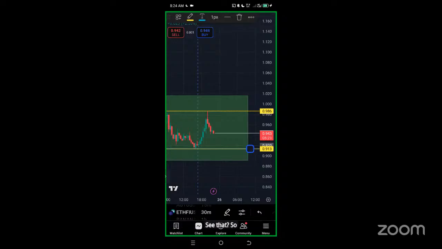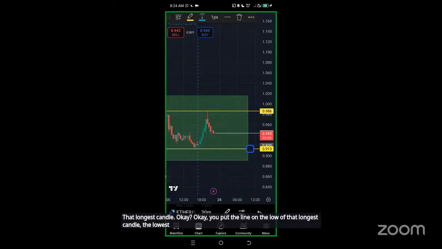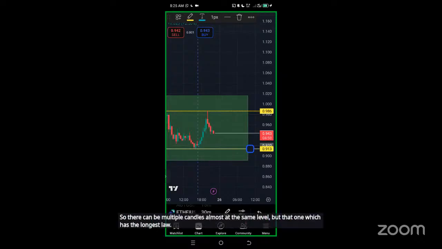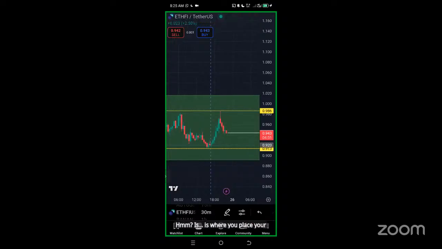As you put the line to establish your first support, make sure that you identify that longest candle, okay? You put the line on the low of that longest candle. The lowest point is what you're capturing. So there can be multiple candles almost at the same level, but the one which has the lowest low is where you place your line, right?